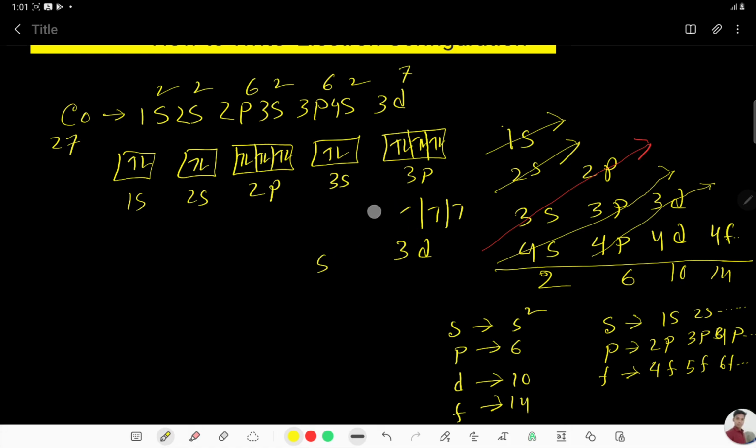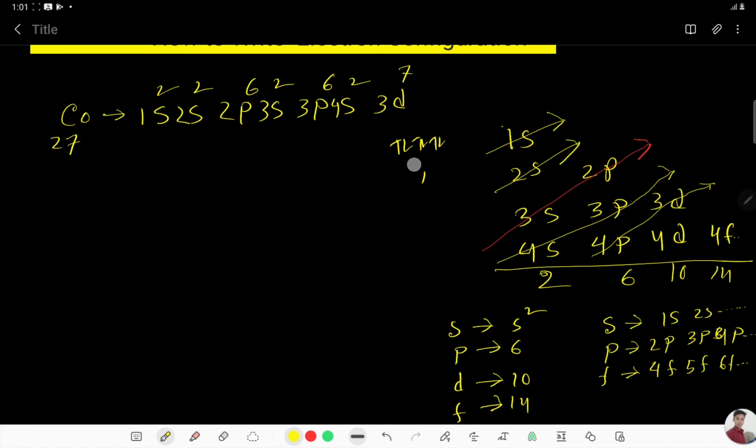Now I will show you how to write the electron configuration of cobalt using noble gas notation. You know that we have helium, then neon, argon, krypton. Look, we have to find the inert gas or noble gas whose atomic number is just below 27.